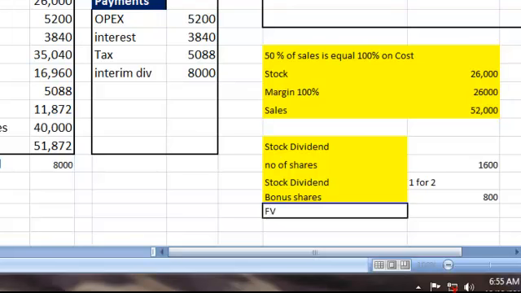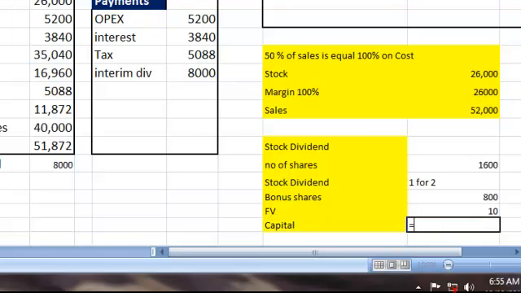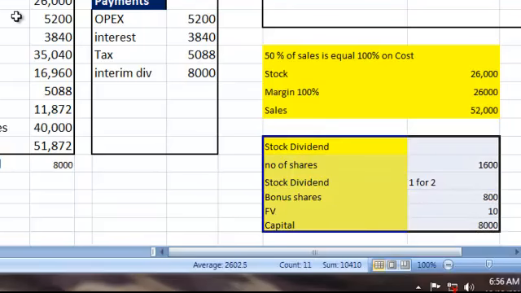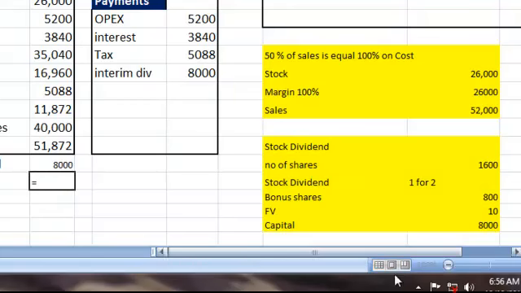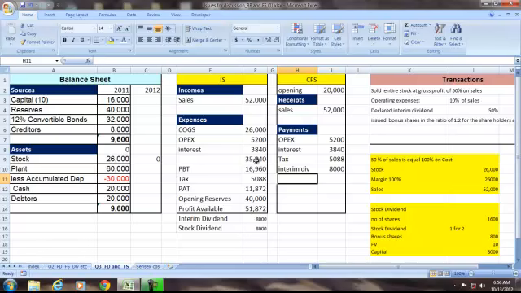The face value of share is given as 10. So therefore the capital is 800 into 10, that is 8,000, and that is treated as the dividend. So the stock dividend distributed is 8,000, and the stock dividend is not a cash flow, but it is added to the capital because it increases the number of shares.